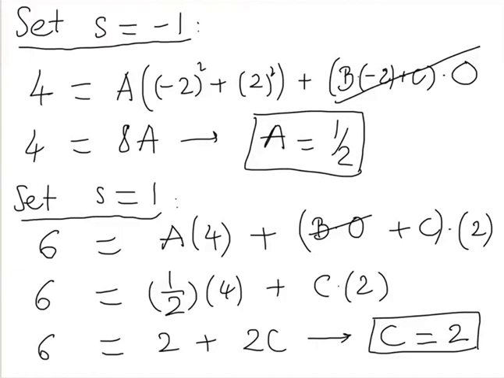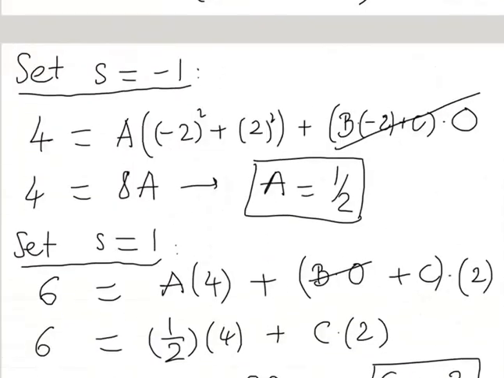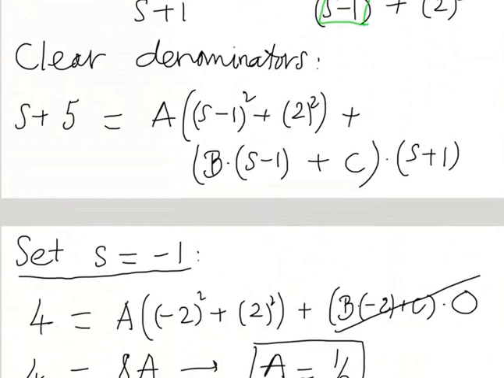To determine the value of b, we could use any values of s because we don't have any more special value. Or we could compare the coefficients of s squared. On the left side there is no s squared, so 0 s squared.